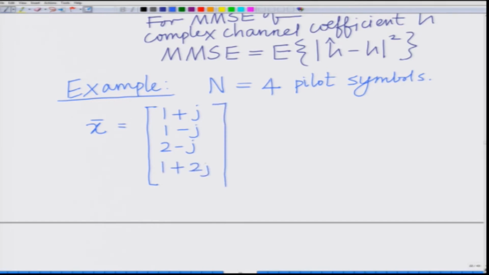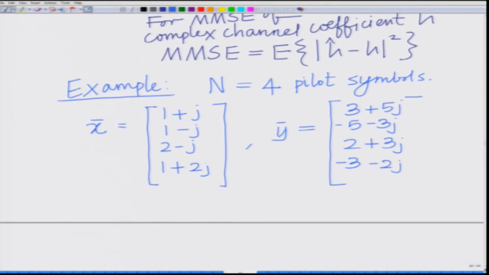And y bar, the observation vector, is 3 plus 5j, minus 5 minus 3j, 2 plus 3j, minus 3 minus 2j.